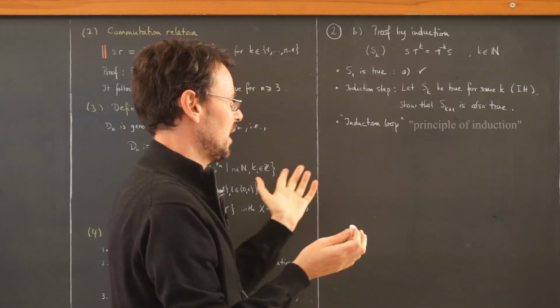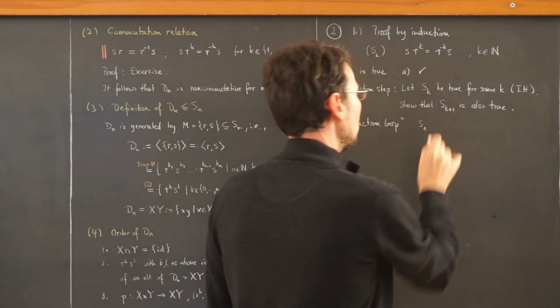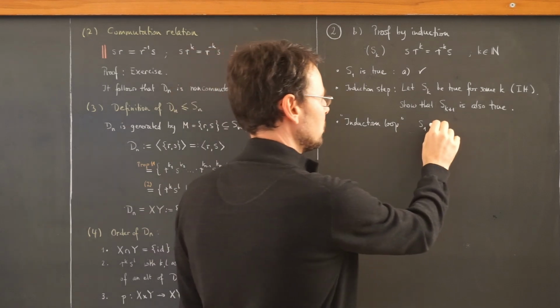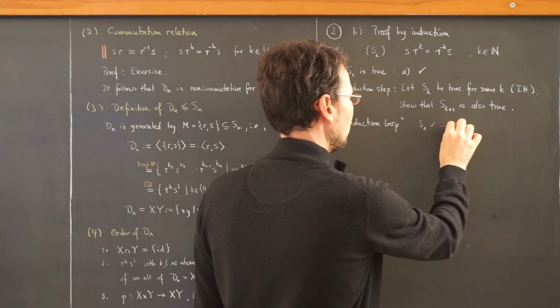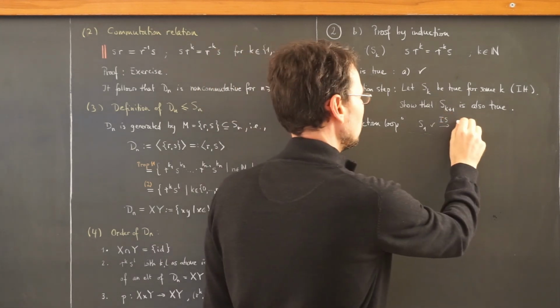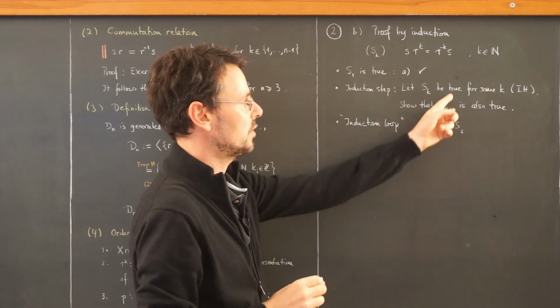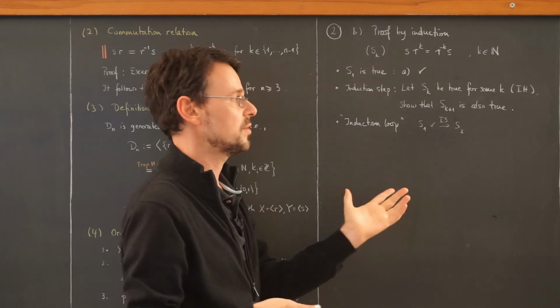Now we have the inductive loop, induction loop. We know that S1 is true. But then, by the inductive step, we know that S2 is true, because we have shown that if Sk holds, then Sk plus 1 also holds.